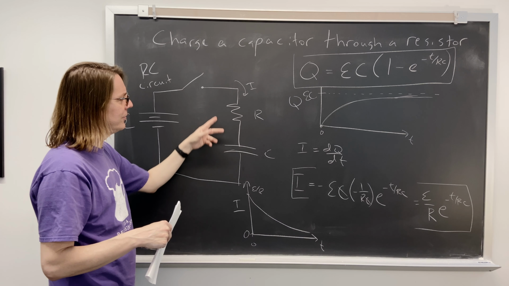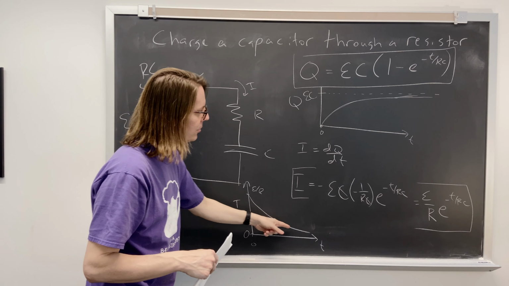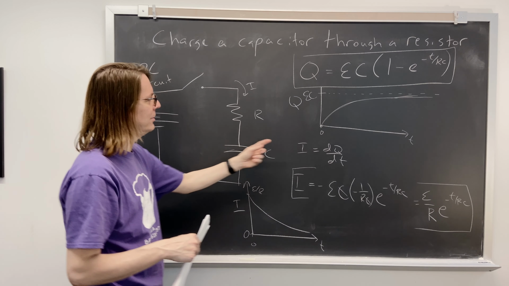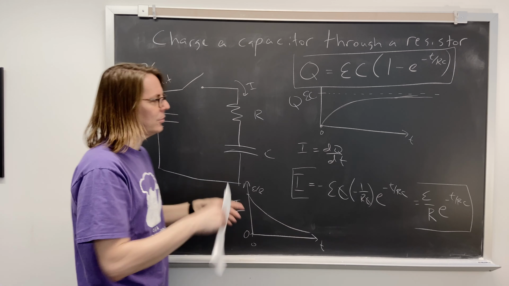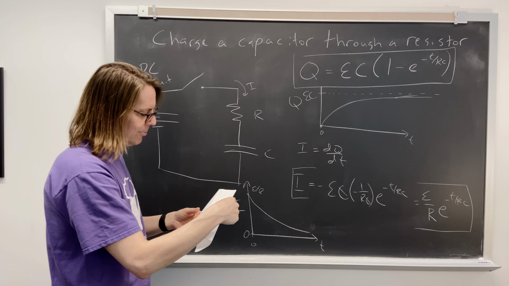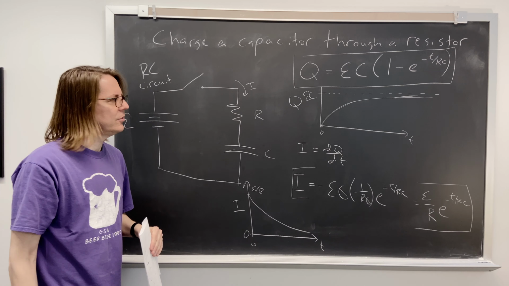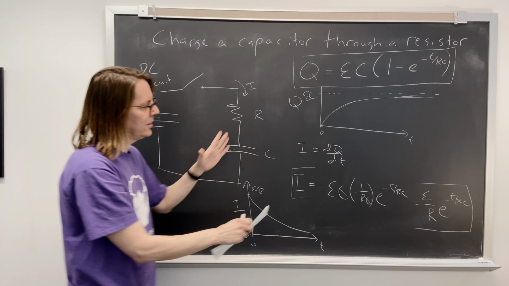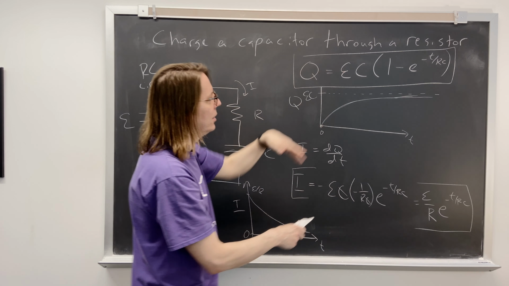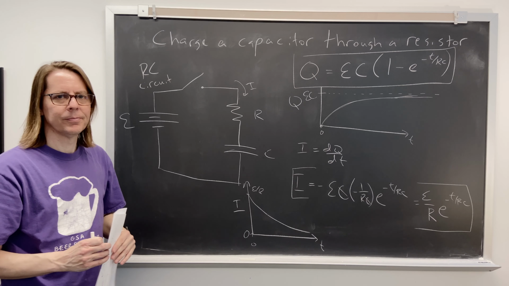Less and less across the resistor means less and less current. More and more across the capacitor means more and more charge. So that's why they're both exponential, but they're sort of complementary to each other. So this is what you need to physically understand and the equations you need to be able to use. We just aren't going to bother to derive them.